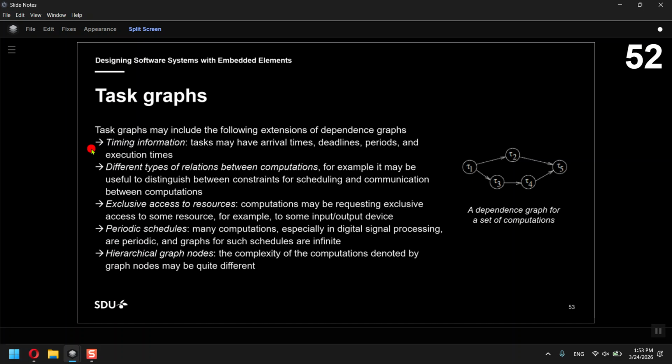So math is everywhere. One of the pieces of information you could add is timing information. So when the tasks arrive, what the deadlines and periods are, and so on. Then the different types of relations between computations, like constraints and dependencies between them, such as exclusive access to resources, if there are any, for example a printer or a database that you want to access, and how you want to manage those, like periodic schedules.